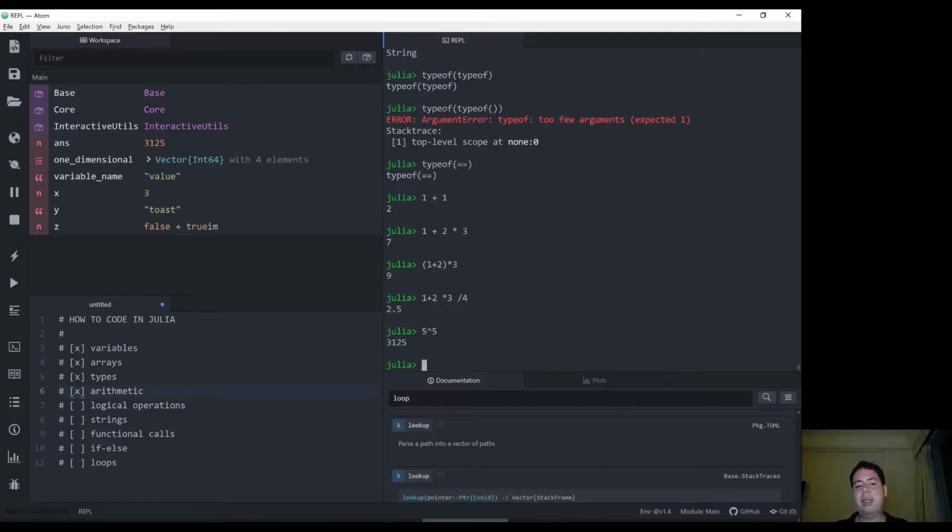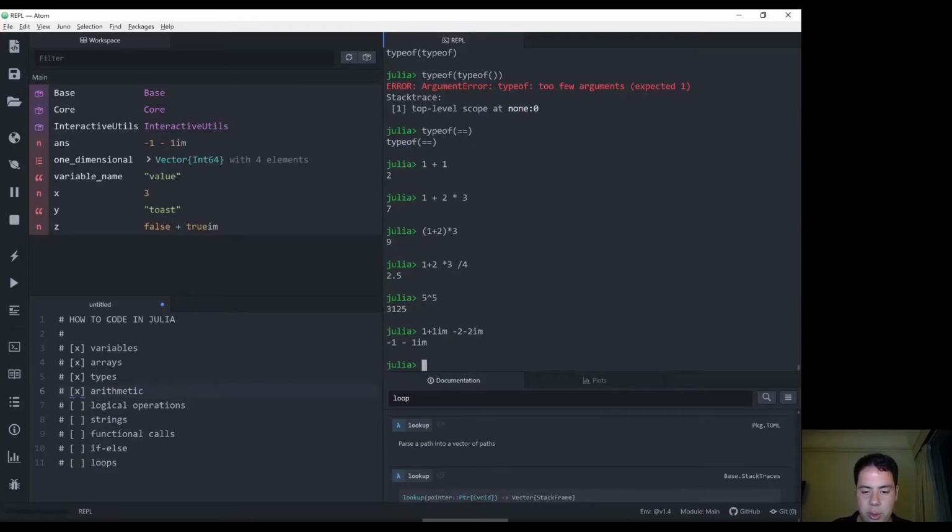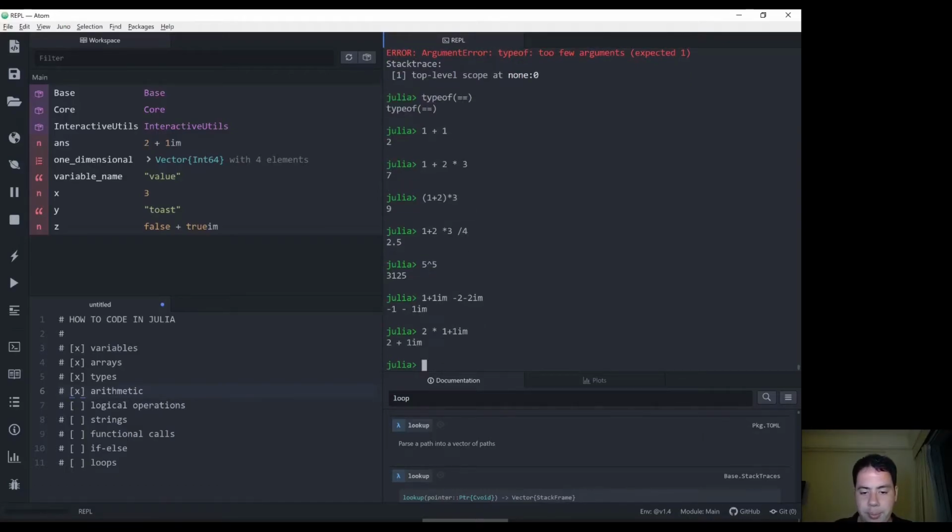Some interesting things: you can apply arithmetic to complex numbers. So 1 plus 1 im divided, let's do minus 2 minus 2 im, like that. And the expression works out. We can do multiplication the same way, plus 1 im. So maths works with complex numbers. It also works with fractions, the fractions I was talking about before.